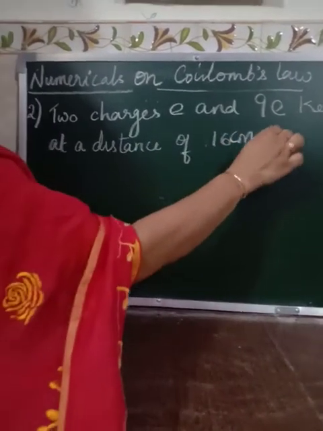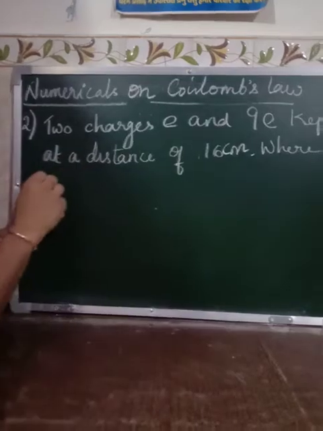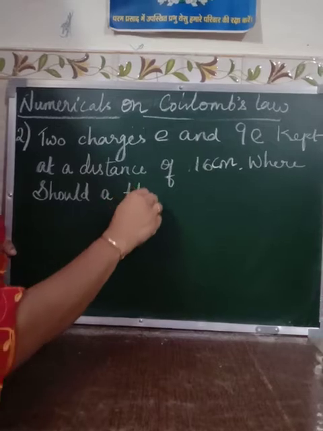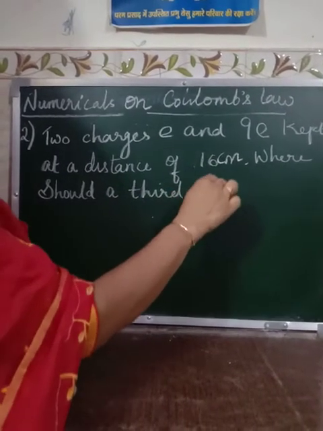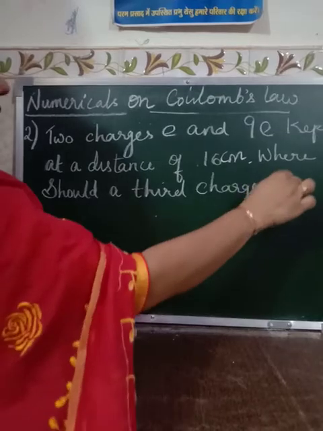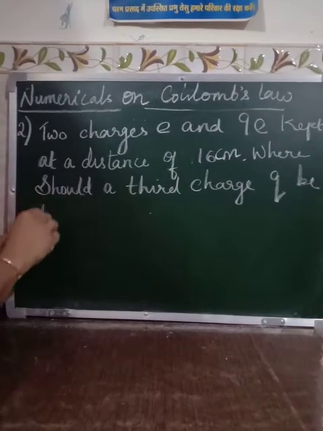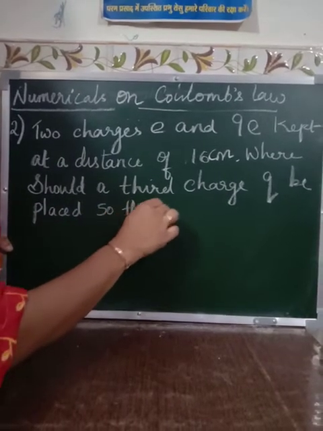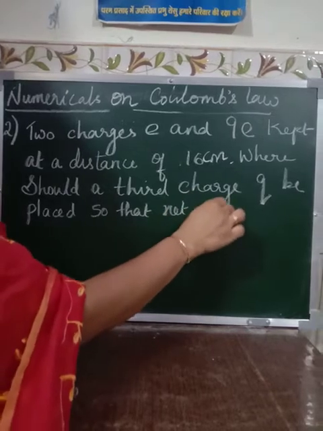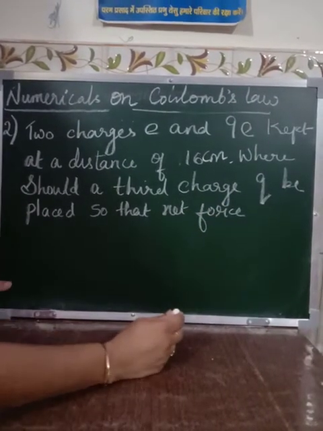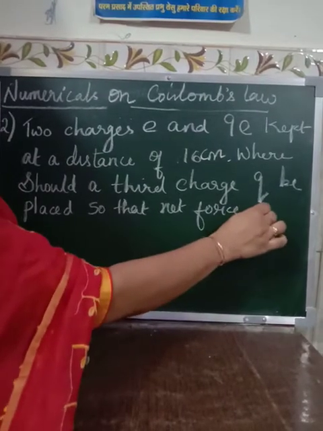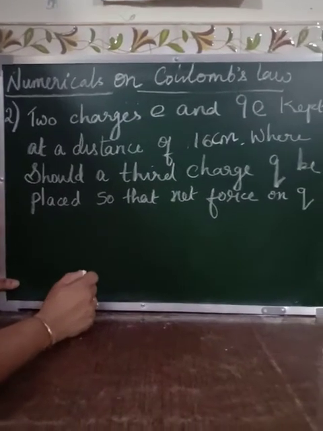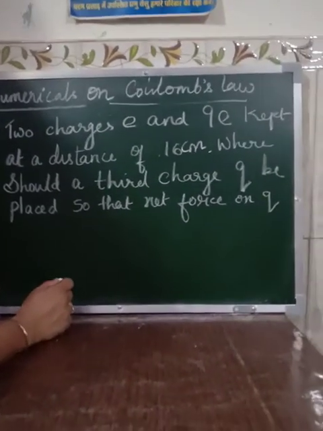Now, where should a third charge Q be placed so that the net force on Q will be 0? Net force on Q will be 0, or we can say that Q will be in equilibrium.